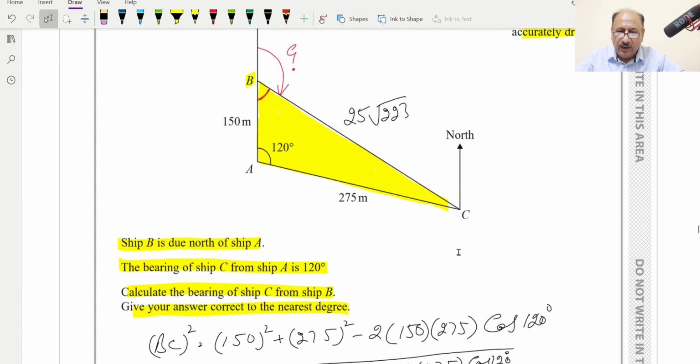Now we can apply the sine rule to find angle ABC.